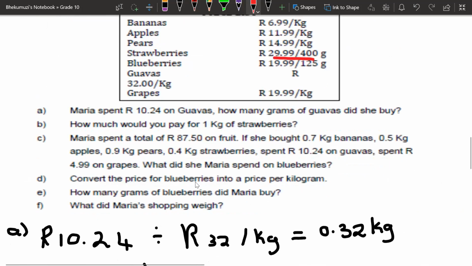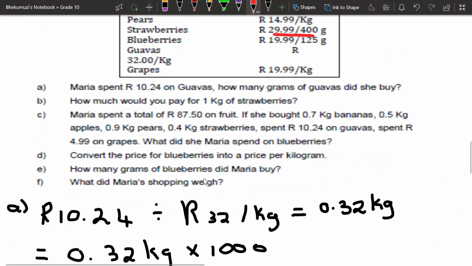Right. And then Mary spent a total of 87 Rand 50 cents on fruit. Now see, it says Mary spent a total of 87.50 on fruit. If she bought 0.7 kilograms of bananas, 0.5 kilograms of apples, 0.9 kilograms of pears, 0.4 kilograms of strawberries, spent 10 Rand 24 cents on guavas, which is something we already got in A, and spent 4 Rand 99 on grapes.